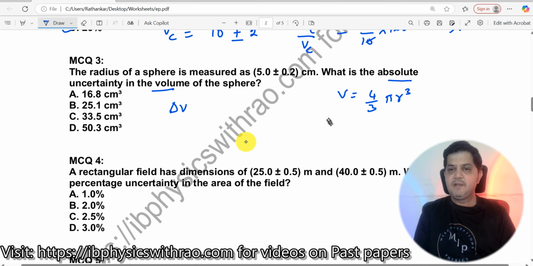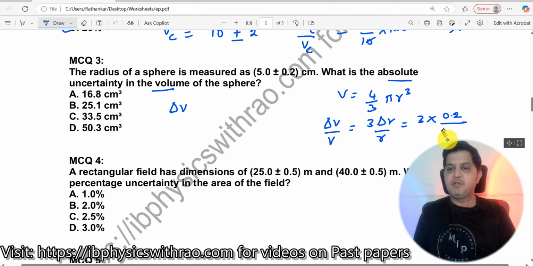So now let us take delta V by V, which should be equal to 3 times delta R by R, because 4 by 3 pi is a constant. So this is 3 multiplied by delta R, 0.2 centimeter, divided by R, which is 5 centimeter.